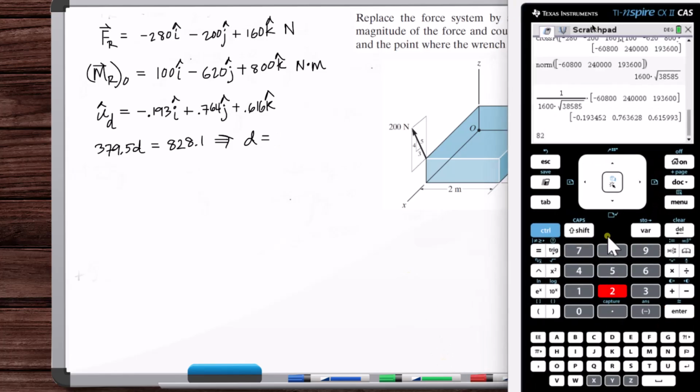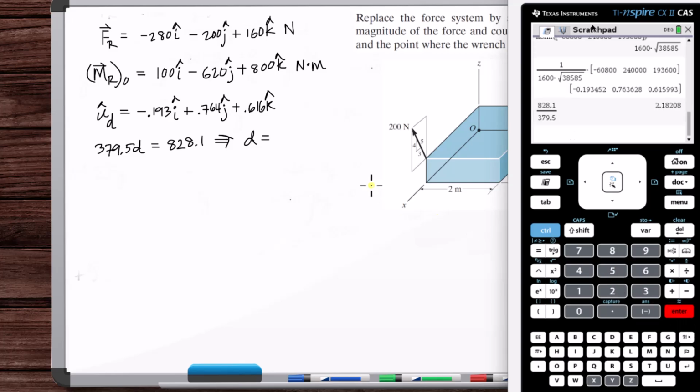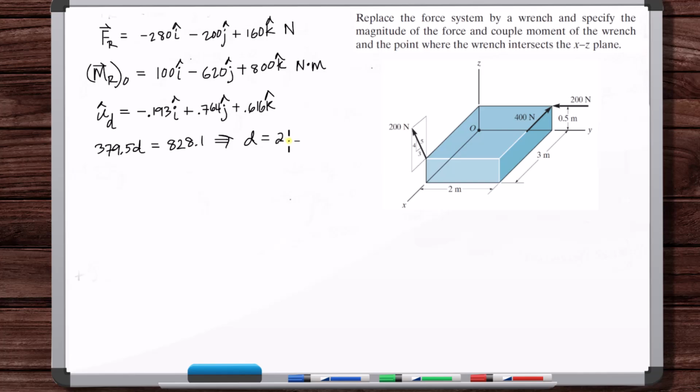So D is 2.18 meters. Okay, so what is D as a vector? Going from the origin, what is the vector that goes from the origin to the tail of the wrench? That's going to specify the location of the wrench in space. It's just D times the unit vector in the D direction.